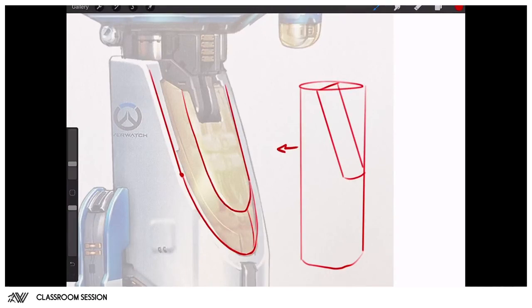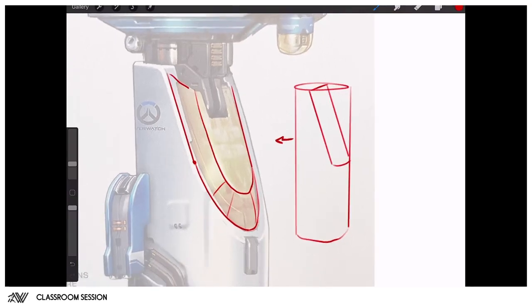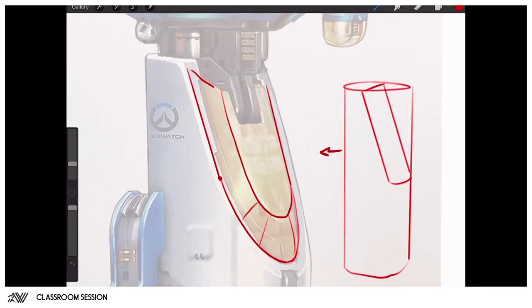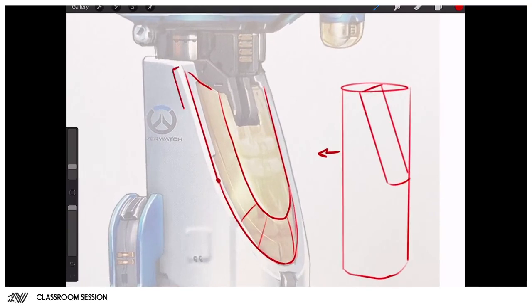But as you can see, all that's going on here, instead of this being straight from here on, and again, I'm going to have to keep repeating this, the rounding begins at about 2/3 of the way down.